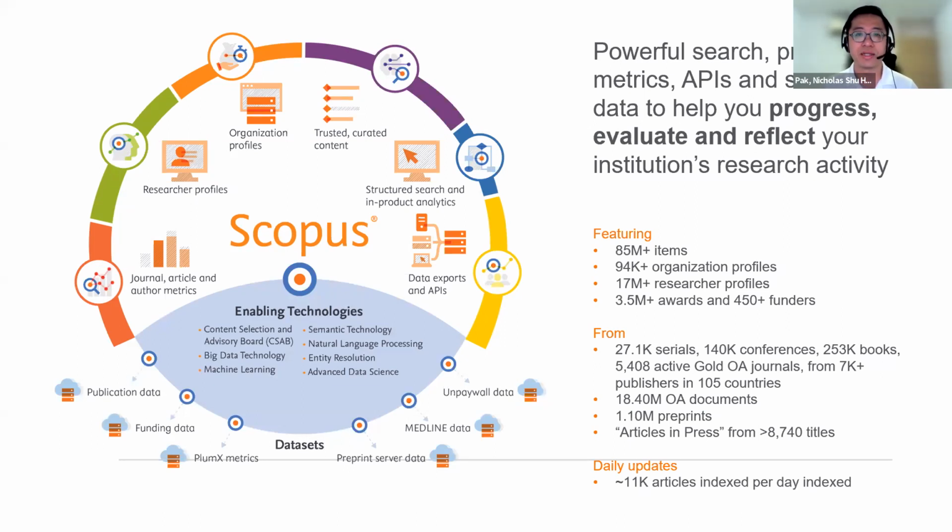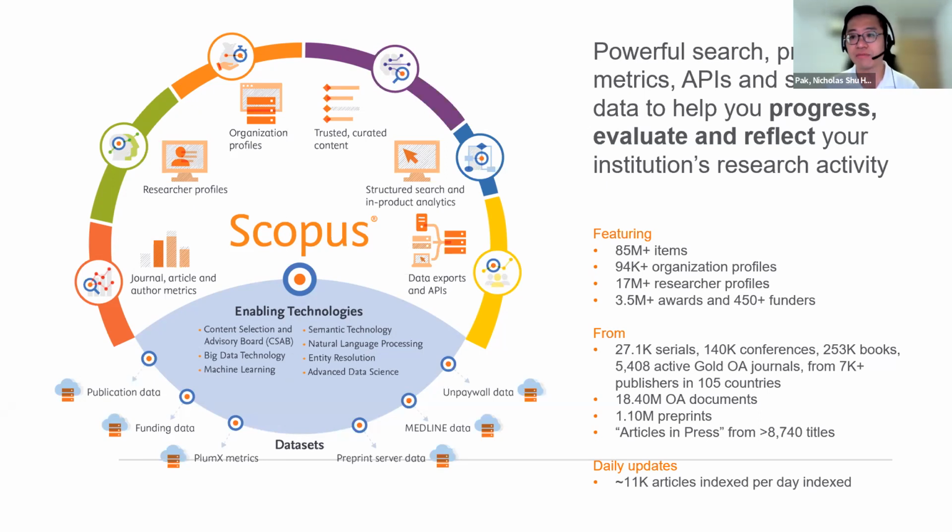We are able to leverage their expertise through big data technology, machine learning, natural language processing, and semantic technology to create entity resolution. And basically, we are able to feature advanced data science. This technology passes through all the data sets that come through to us, be it publication data, funding data, PlumX metrics, preprint server data, Medline data, as well as patent data.